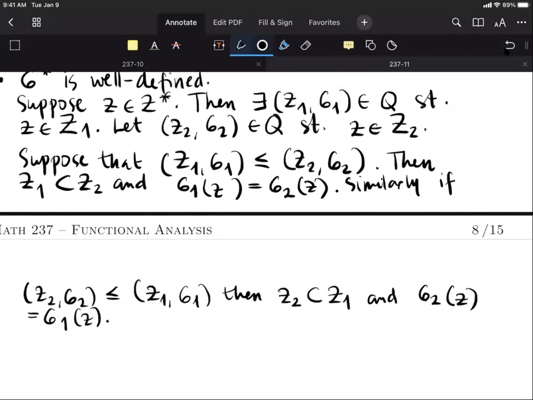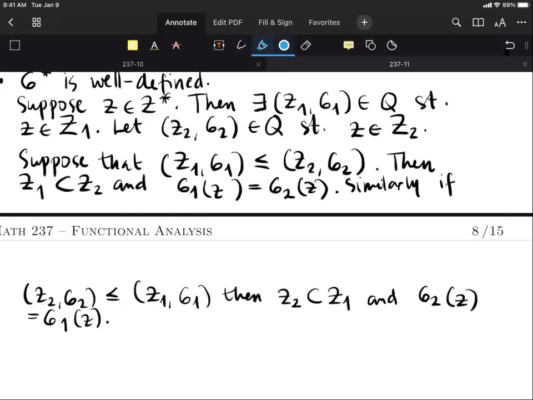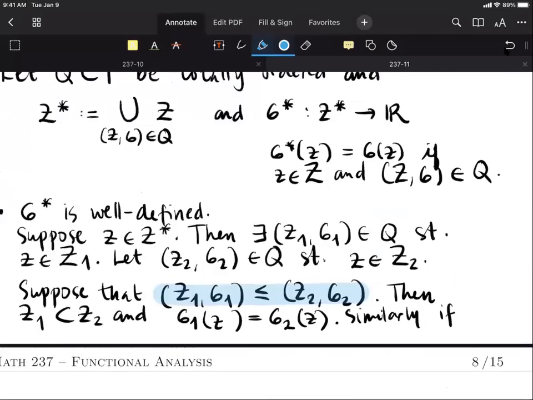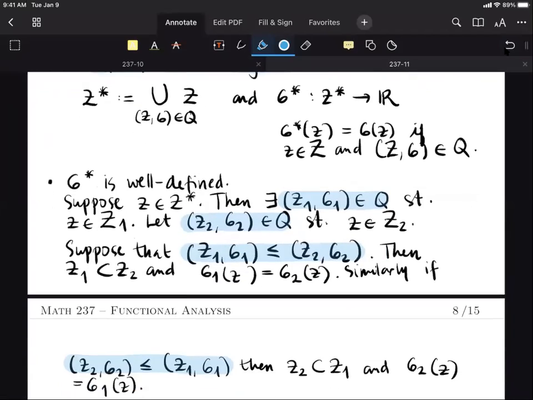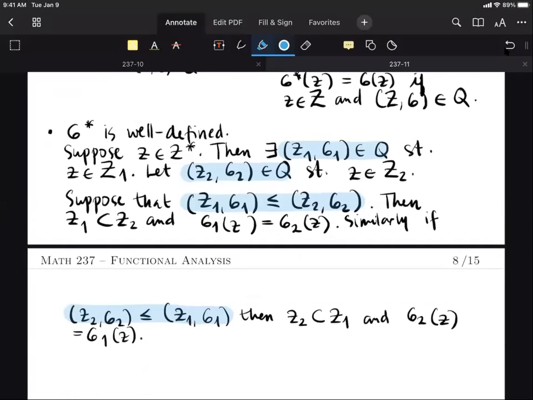In other words, G1 must be an extension of G2 in this case. These are the only two possible cases since Q is totally ordered. So here you have two elements of Q, so they must be comparable. One must be less than or equal to the other.